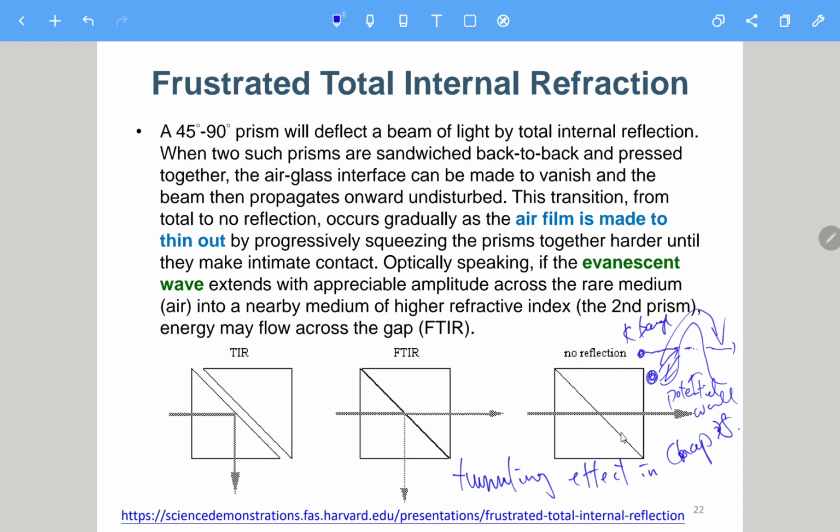But if this gap is zero, then all the ray can go through. If this gap is small enough, then there will be some probability that part of the wave can go through, and part of the ray is refracted. So this is called the tunneling effect in quantum theory, and this is similar to that.